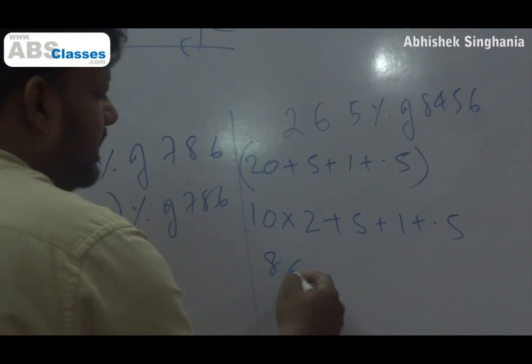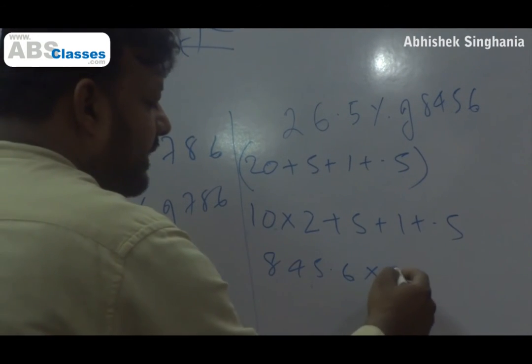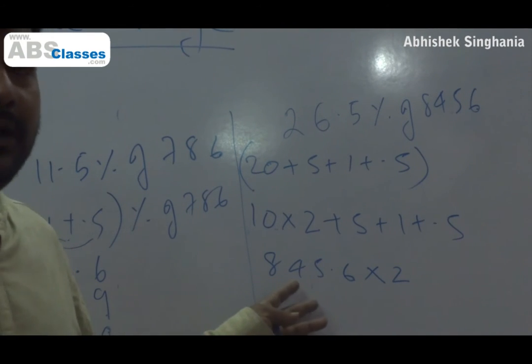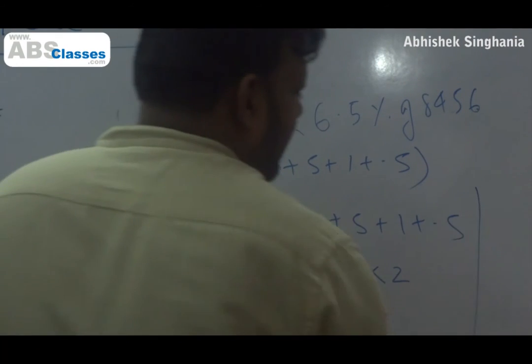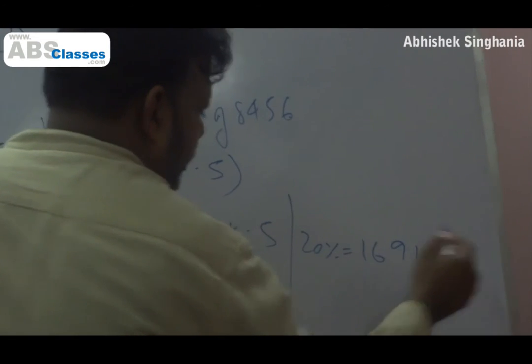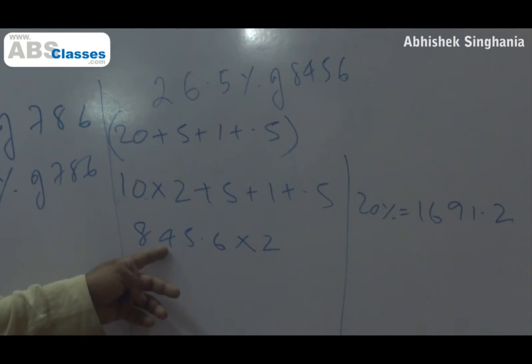10% of the number is 845.6. Therefore 20% is 845.6 into 2. All I need to do is double my 10%. So I get 1691.2. So my 20% is 1691.2. My 5% is nothing but half of my 10%.